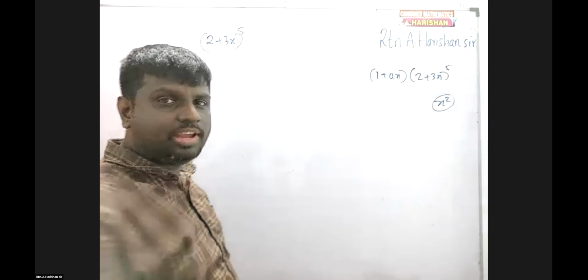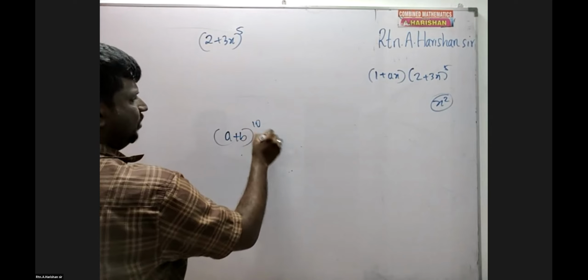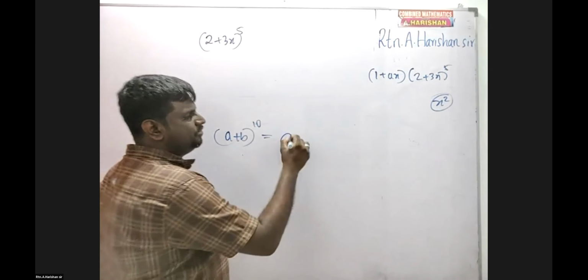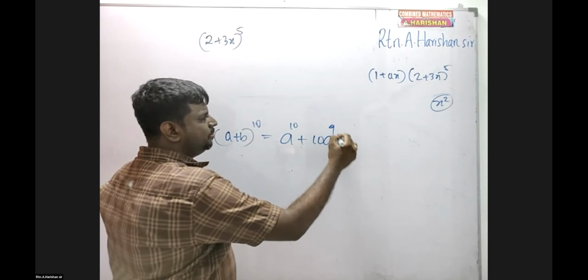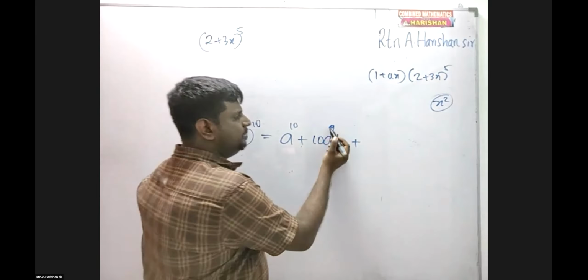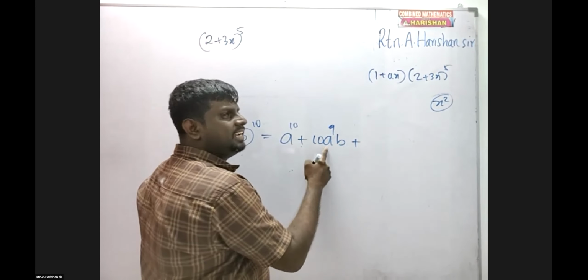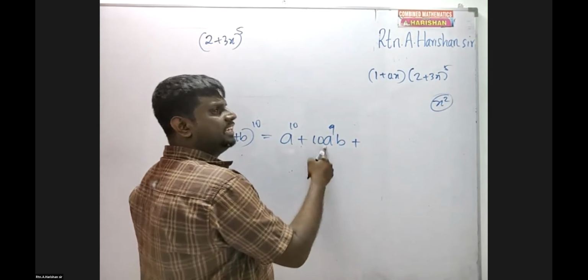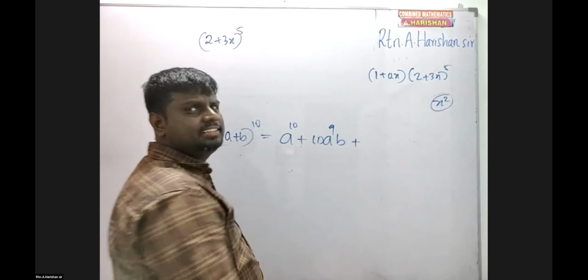Okay, I'll tell you another way. (a plus b) to the power 10. The first one we know: a to the power 10. The second one we also know: 10 a to the power 9 b. The third one we don't know. How to find that? You multiply these and divide by 2. Why divide by 2? Because this is the second term; if you divide by 2, you get the third term coefficient.